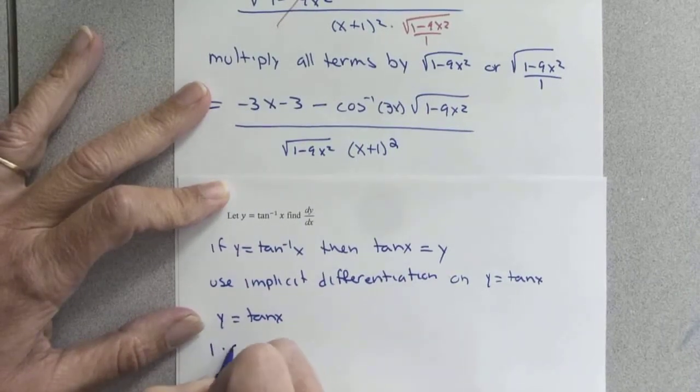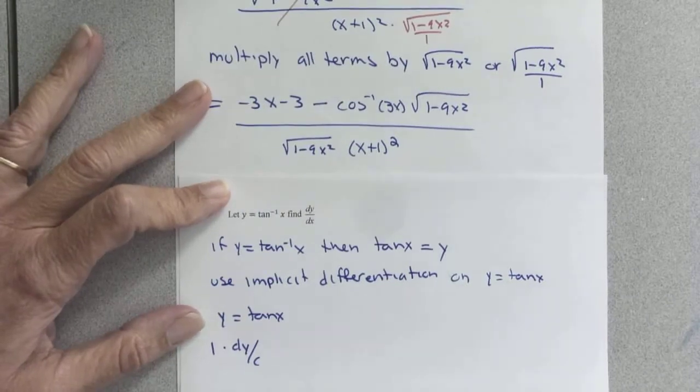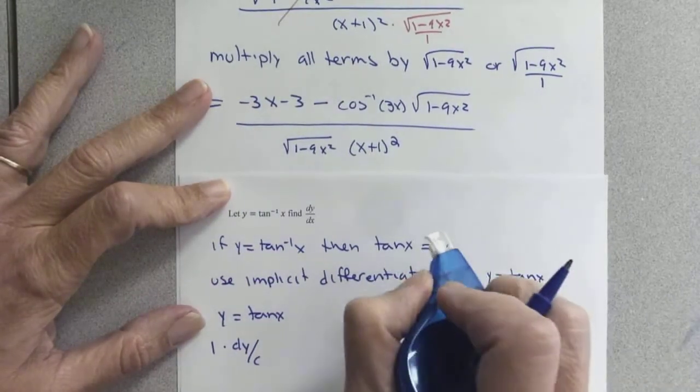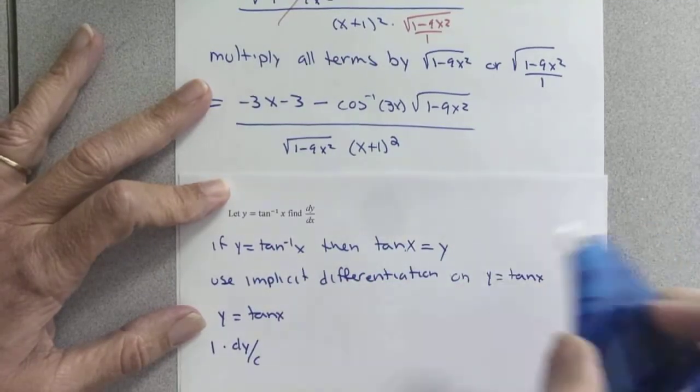I got these backwards. Sorry, made a mistake. I'll just white it out instead of completely killing the video. We'll just get it right. This is going to be tan y equals x.